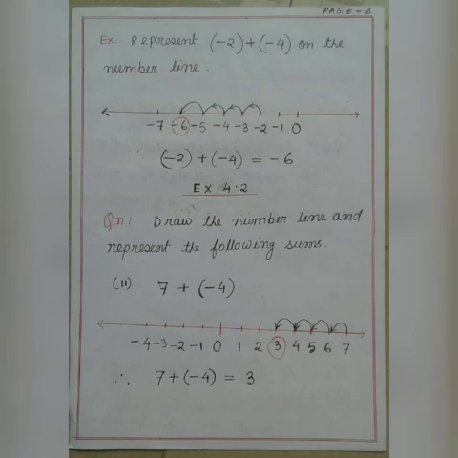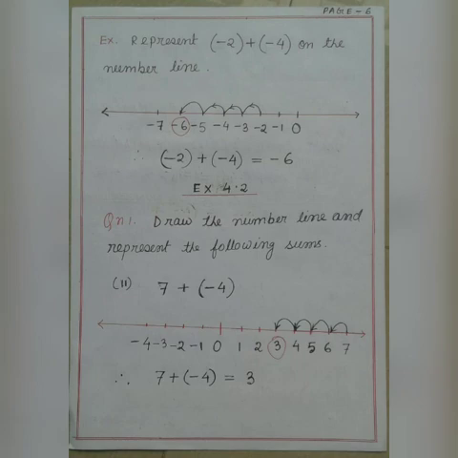Therefore, from minus 2, 4 steps towards left will drop us at minus 6. Therefore, minus 2 plus minus 4 is equal to minus 6.